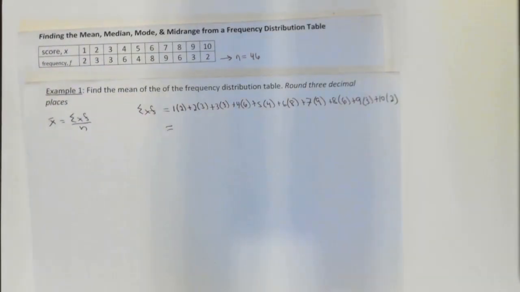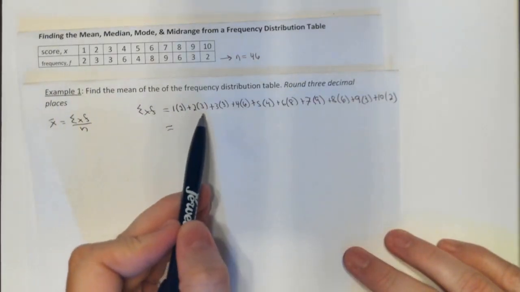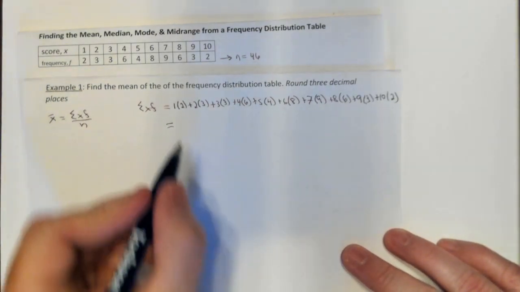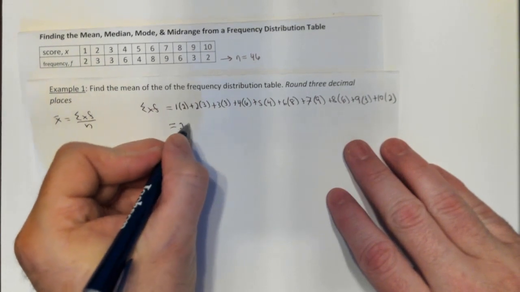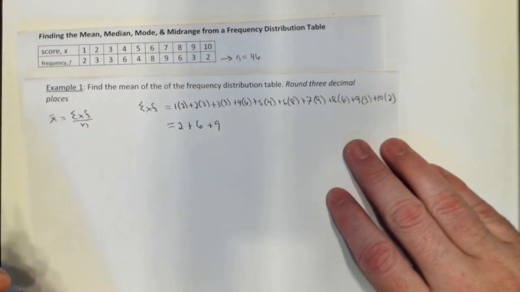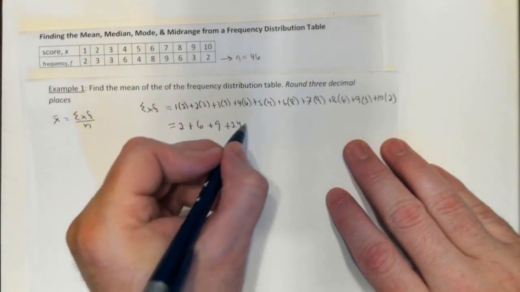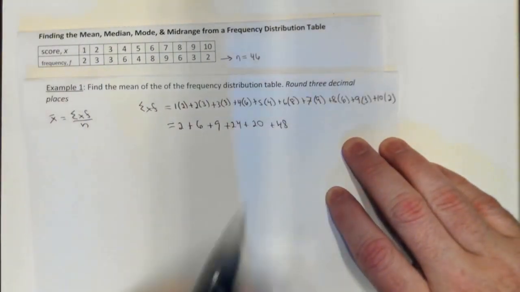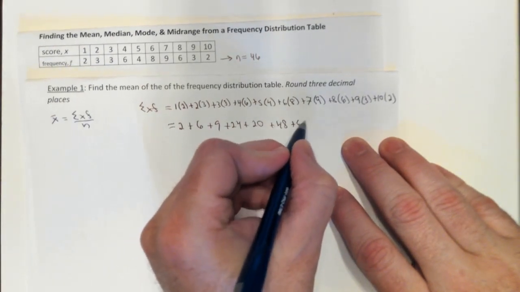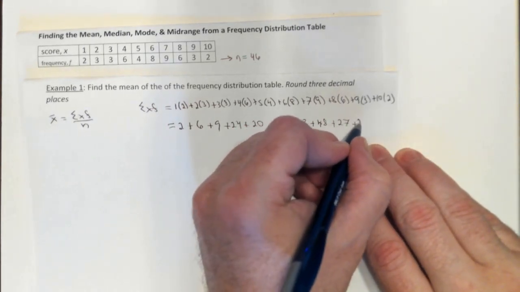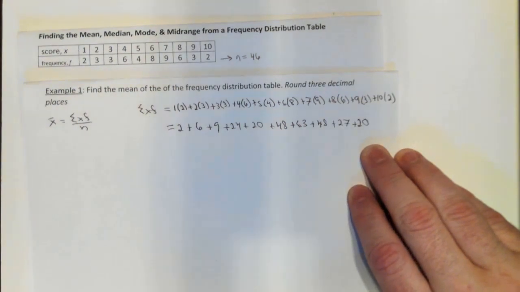I don't think I would use the calculator yet, because if I try to type in 1 times 2 plus 2 times 3, all of these parentheses and all of that stuff, I'm probably going to make mistakes. So these numbers are small enough. 1 times 2 is 2, 2 times 3 is 6, 3 times 3 is 9. So I think I would do this part first. And if you need a calculator because you don't trust yourself, okay, 6 times 8, you can type that in. Or 7 times 9, you can type those in. But I wouldn't type all of that in.